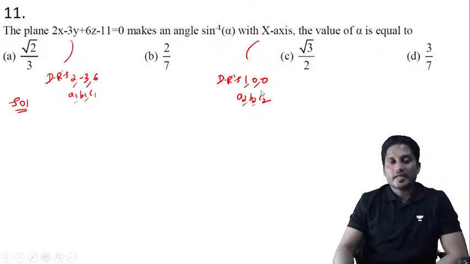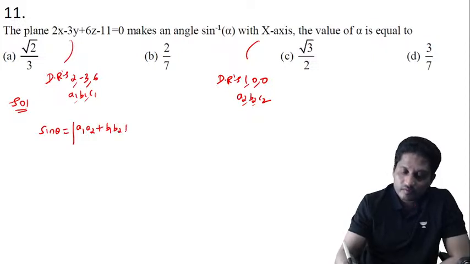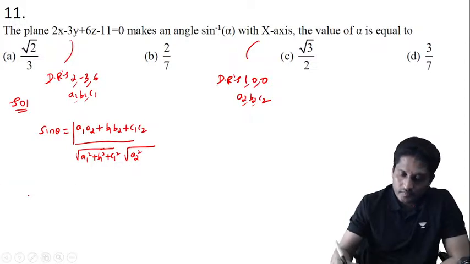This is angle between the plane and the line. Sin theta is equal to modulus of A1 into A2 plus B1 into B2 plus C1 into C2 by root of A1 square plus B1 square plus C1 square into root of A2 square plus B2 square plus C2 square.